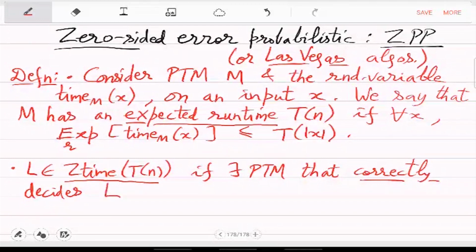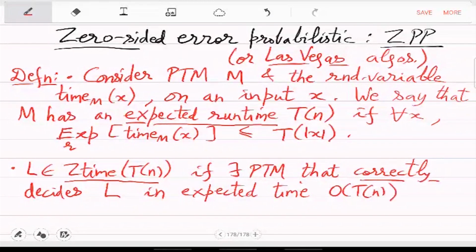L is decided correctly in expected time around T of n. Okay, so the expected time complexity is on the order of T of n. Then you say that L is in Z time T(n).